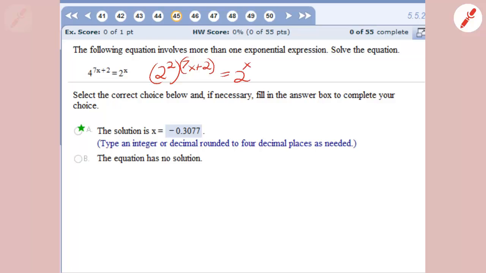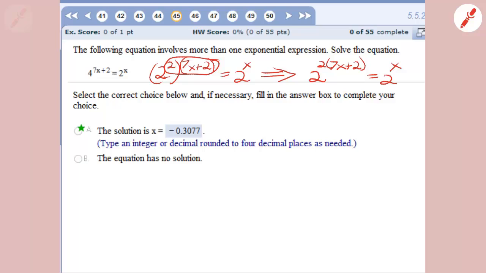Now remember that when you have a base raised to a power again, you multiply the powers. So this is going to give me 2 to the 2 times 7x plus 2 equals 2 to the x.